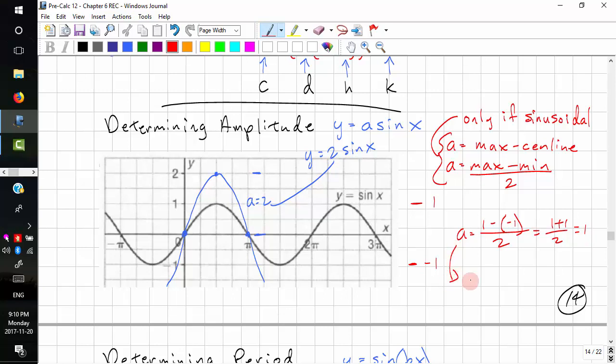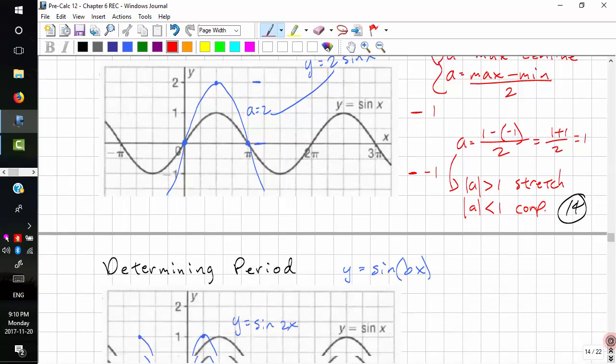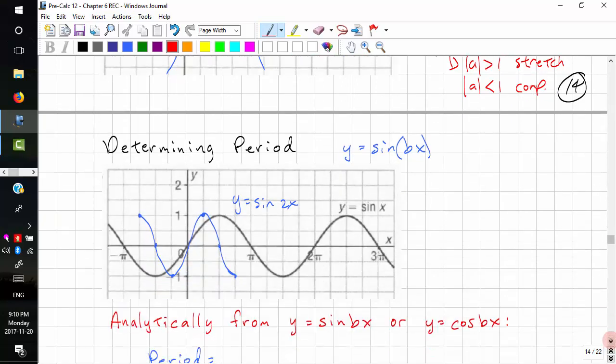And again, if the absolute value of a is greater than 1, this is a stretch. If the absolute value of a is less than 1, this is a compression. Next, determining the period. That's using b.